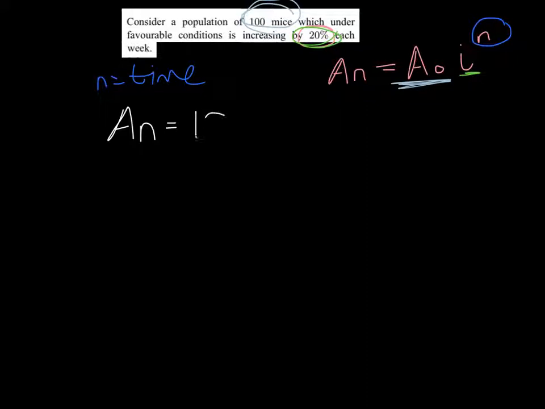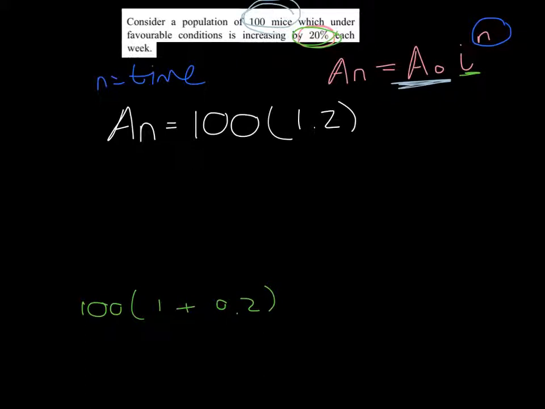I have 100 mice, and it is increasing at a rate of 20%. So you're not going to say 0.2, you're going to say 1.2. That 1.2 is because it is the initial population plus that growth of 0.2. And how long does it take?